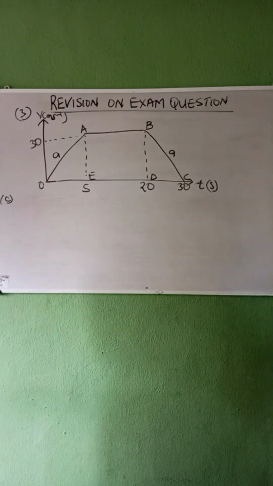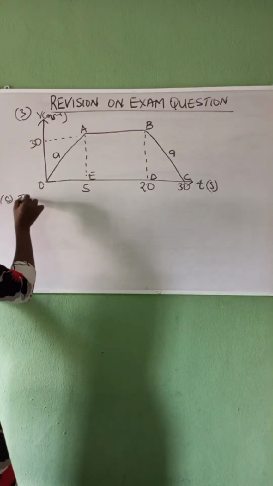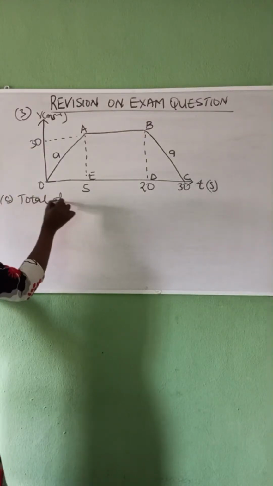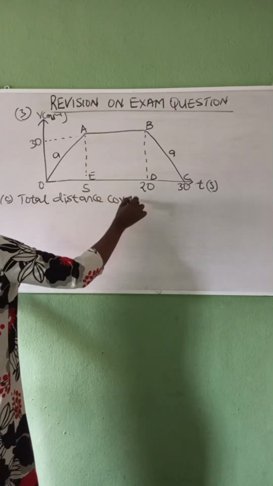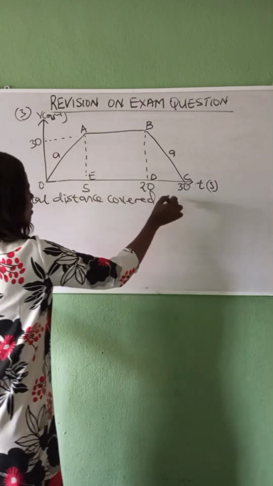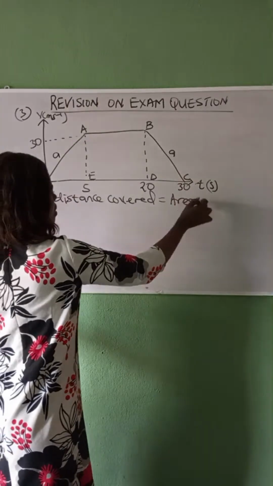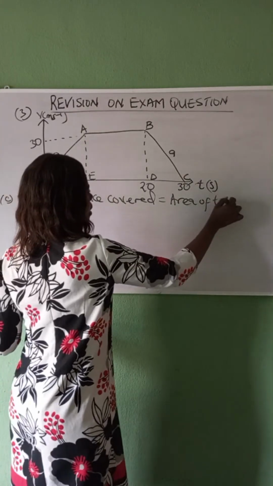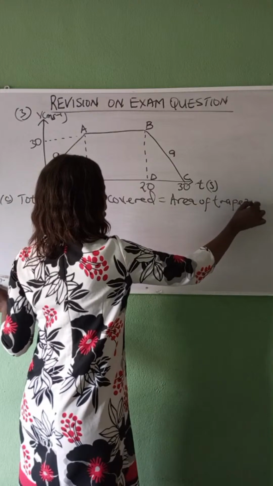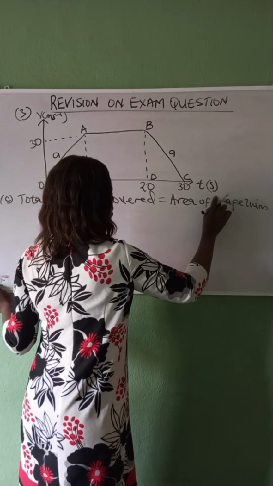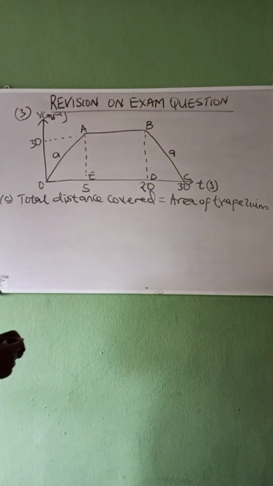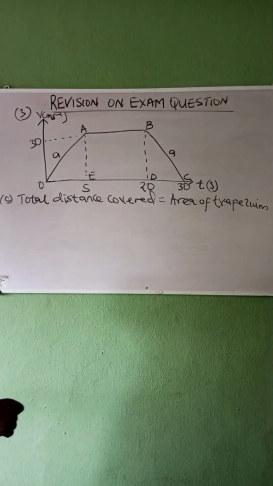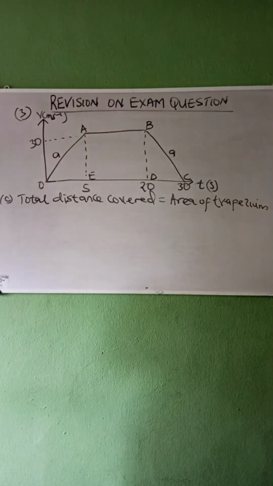So what is the shape of a trapezium? I would say total distance covered is equal to the area of a trapezium. Do you understand? All right. It's the area of a trapezium. Now you're going to use the formula.